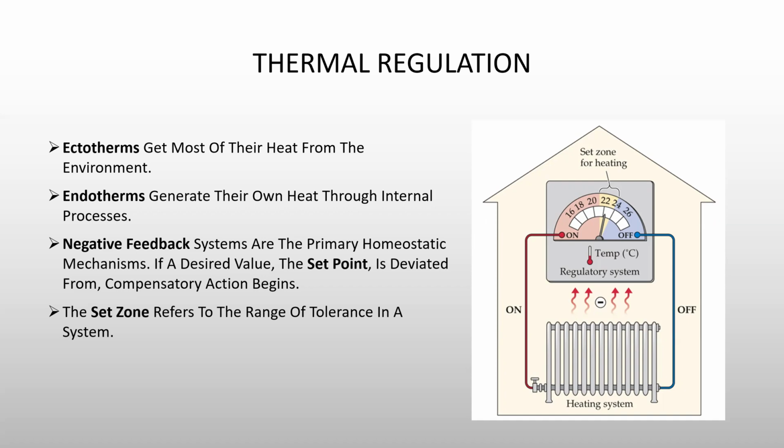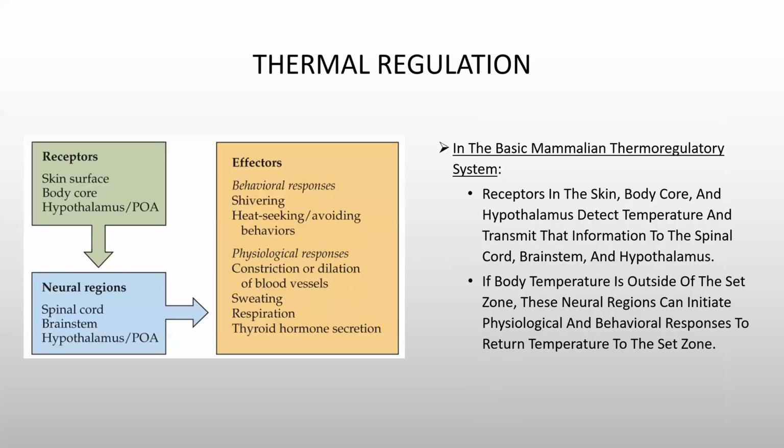Okay. So the set zone refers to the range of tolerance in a system, but the set point is where things will actually turn off and on. Okay, so that's just an analogy of a thermostat, but what is actually turning on and off in the human body?